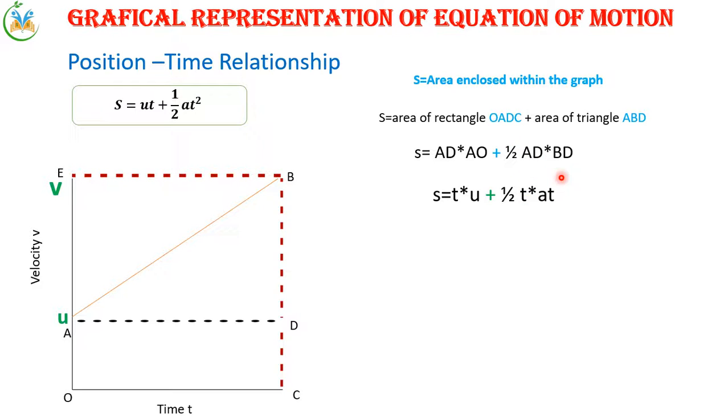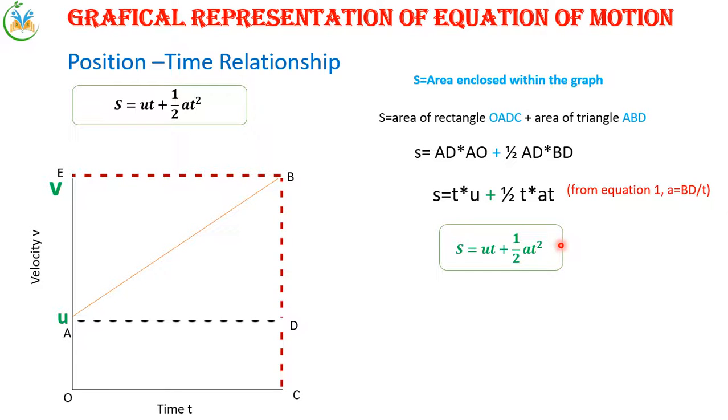As we know, in the first lecture I told you that BD is at, because acceleration equals change in velocity upon time. So here, s equals ut plus half at square.